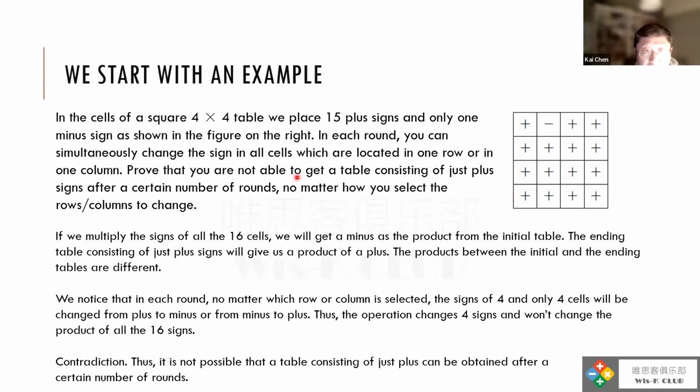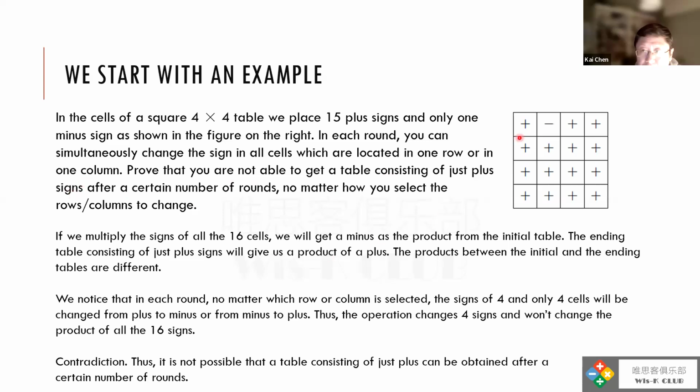And at the end, the target, we aim to have a 4 by 4 table consisting of all plus signs. So if all the 16 squares get the plus signs, we multiply all the signs to get a plus. So that is the change. You've got the minus to plus.